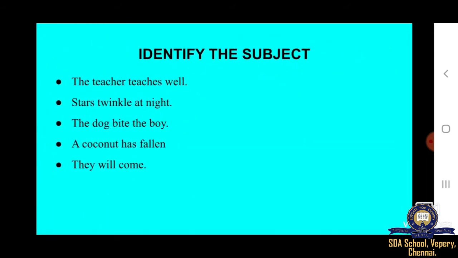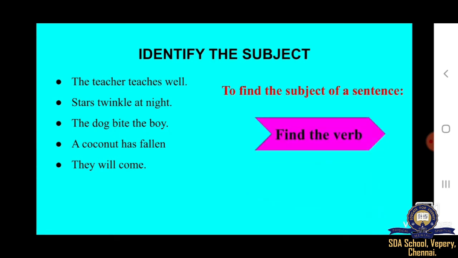And now let's practice by identifying the subject in these sentences. Children, to find the subject of a sentence, first you have to find the verb, and then ask a question like who or what is doing the action.